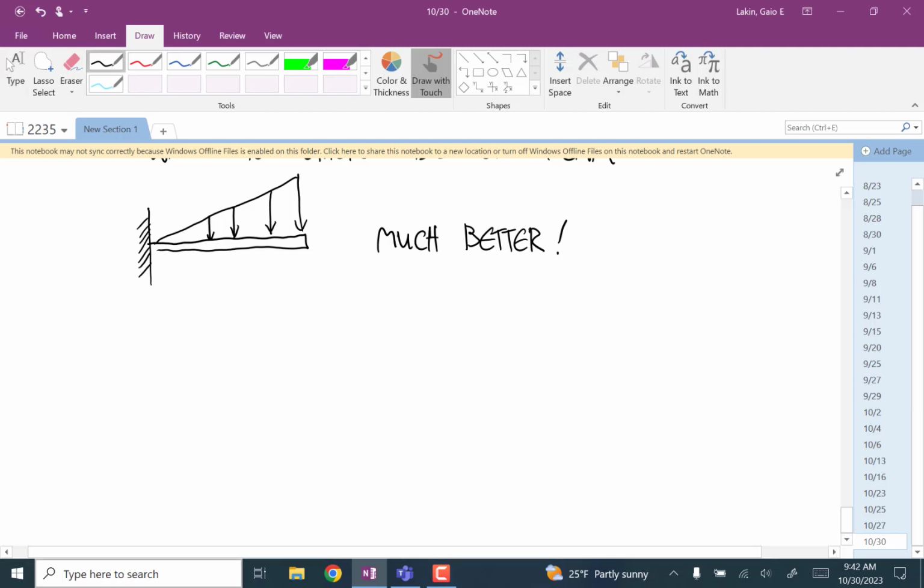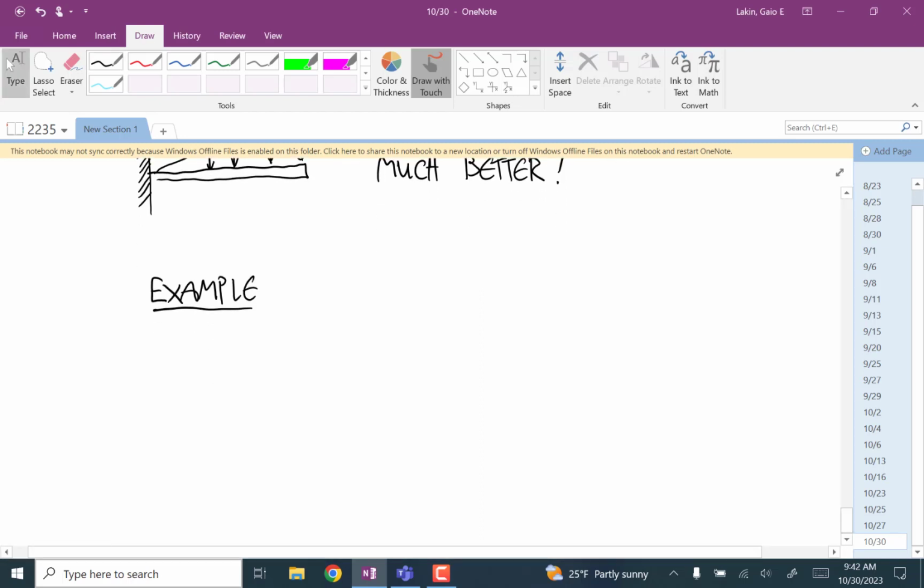Okay, so we have to do one more example, and that's one where we have this triangular distributed load and also a weight force. So let's say we have a beam like this. The triangular distributed load is this way.